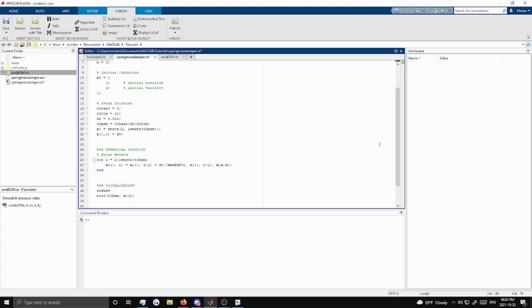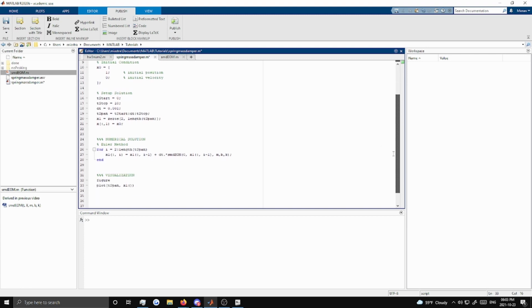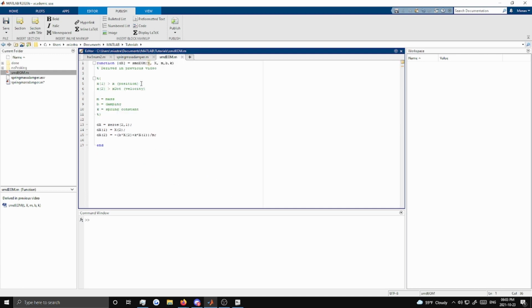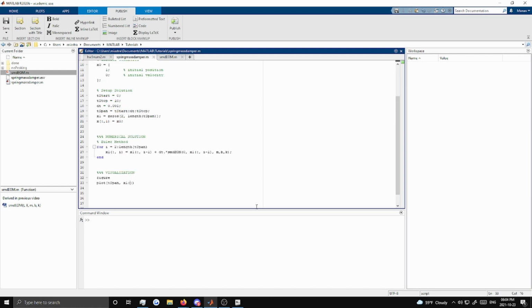Once again, recall that only our first index is position. The second one is velocity. So we only really need to plot the position. To plot the position, we simply say, look at the entire first column, and look at the first row of every column. And that is what it will plot.